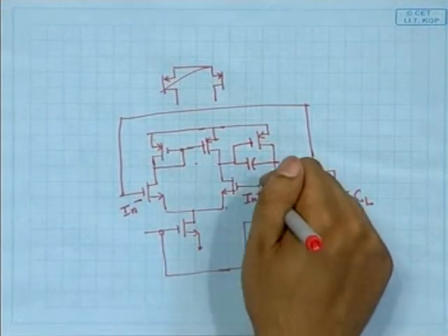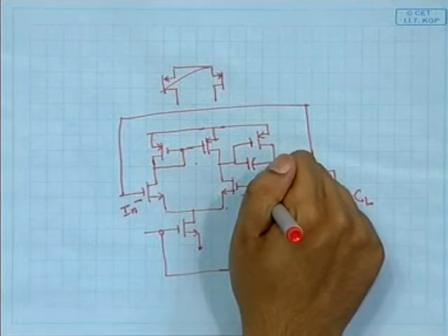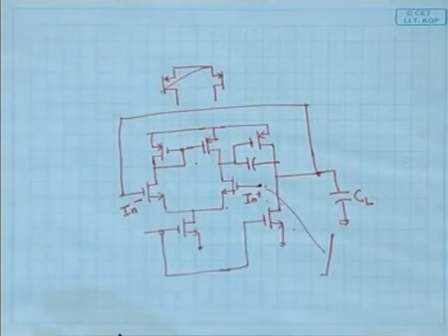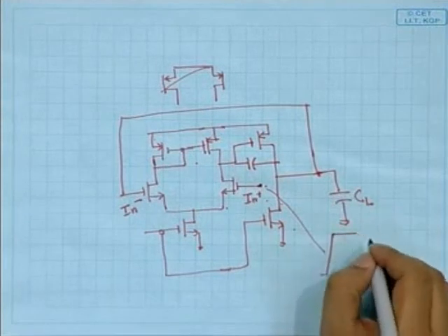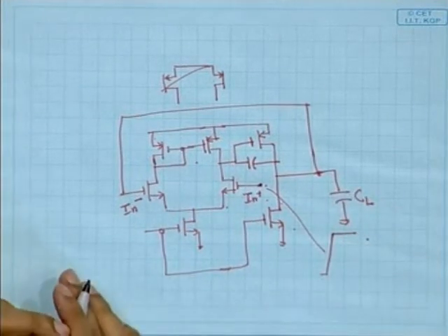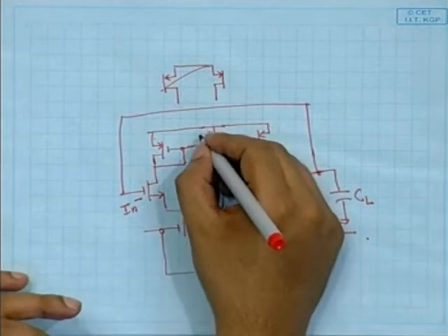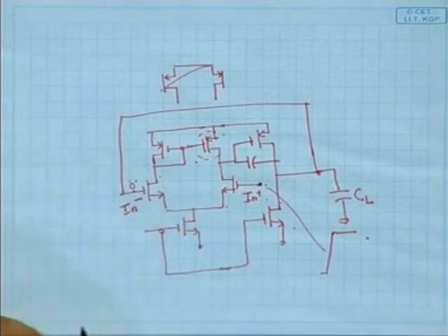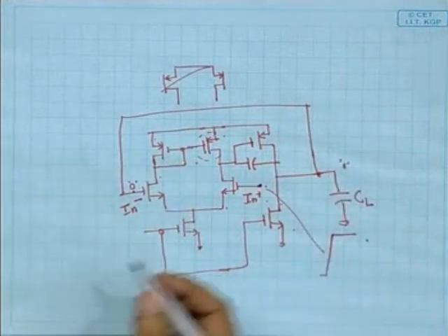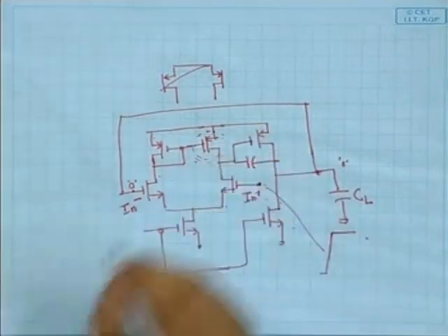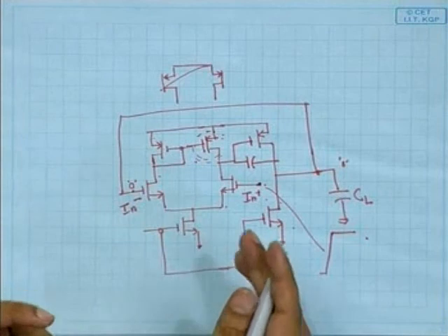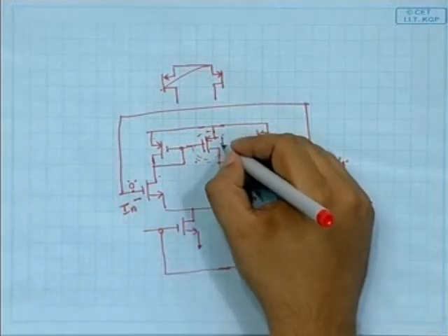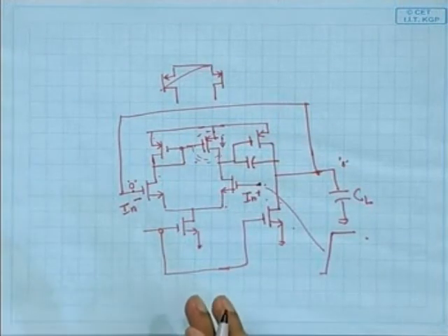Initially in plus is at 0 voltage, so it is not drawing any current. Now you suddenly increase it. Initially this one is at 0 because the output is 0, this one is off. So initially this transistor can't carry any current.